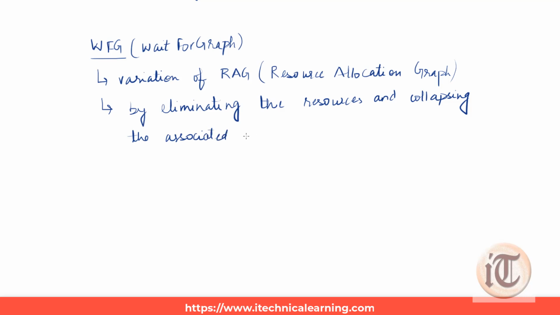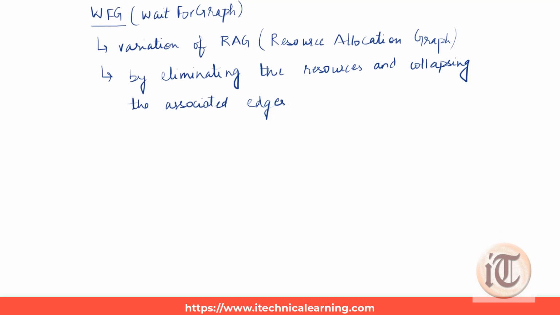If we follow this process, we can get the wait for graph from the corresponding resource allocation graph.